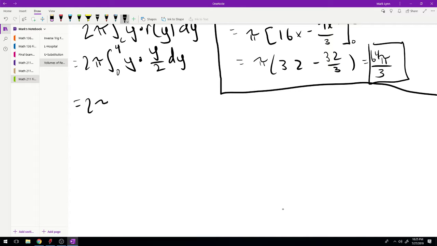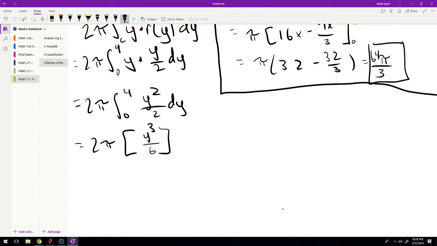Now, quickly solving this again, we get 2 pi times the integral of y squared over 2 dy. Now we're integrating, so we'd get y cubed over 6, from 0 to 4.